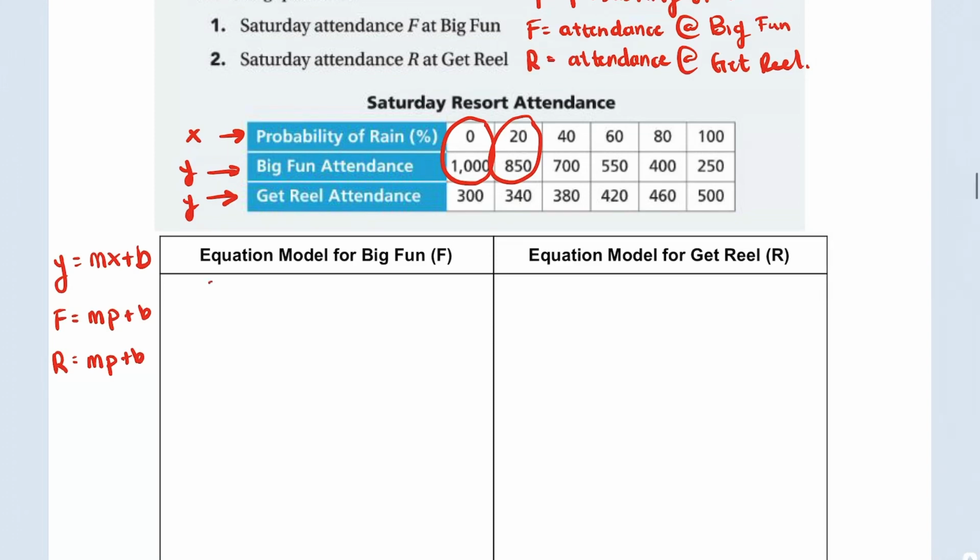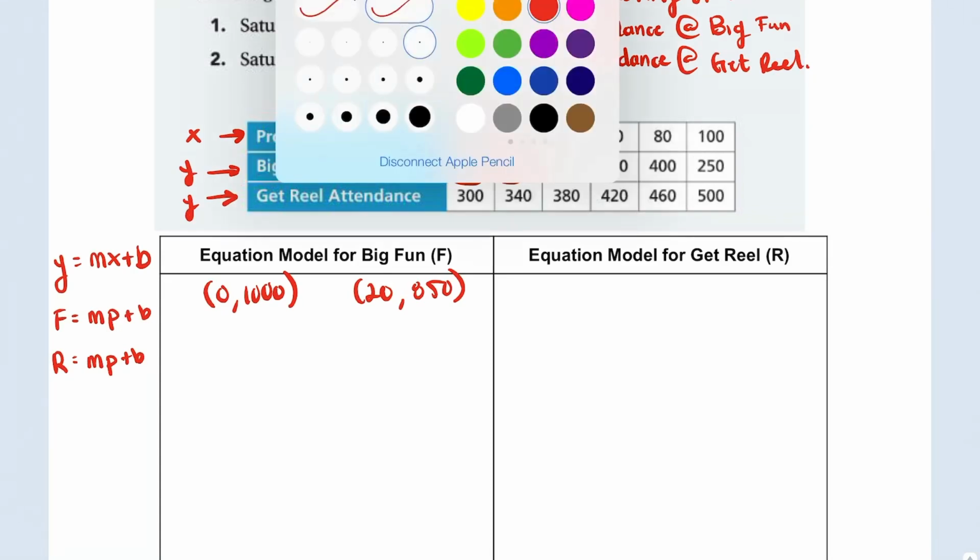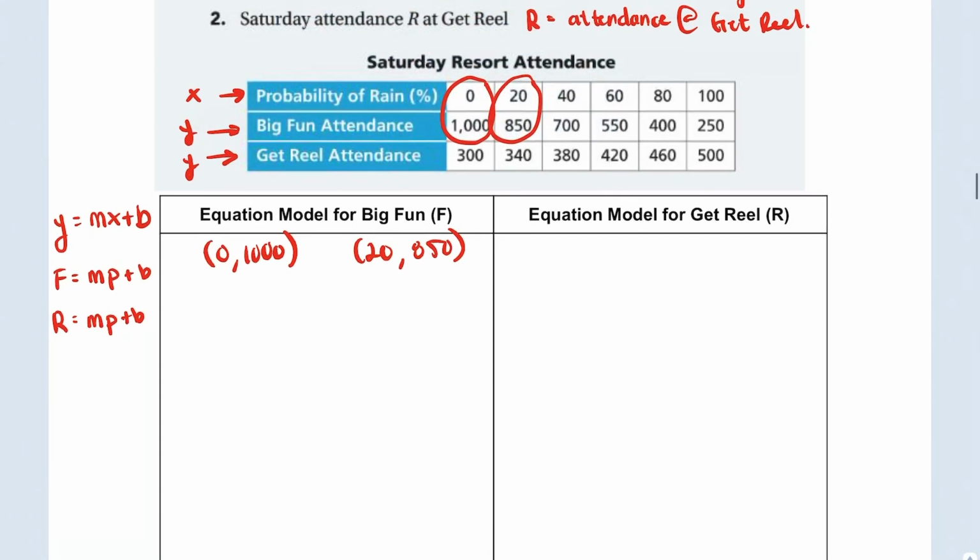So I'm going to write those 2 points here. So 0, 1,000, and 20, 850. We need to find the slope between these two points. Before the break, we talked about the slope being the change in y over the change in x. Looking at my y coordinates, to go from 1,000 to 850, it looks like I'm subtracting 150.